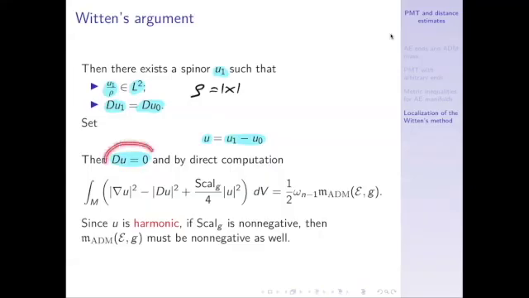Now, since DU is equal to 0, this term cancels out, and moreover, this term is greater or equal than 0, and therefore, if the scalar curvature is non-negative, then the ADM mass must be non-negative as well.